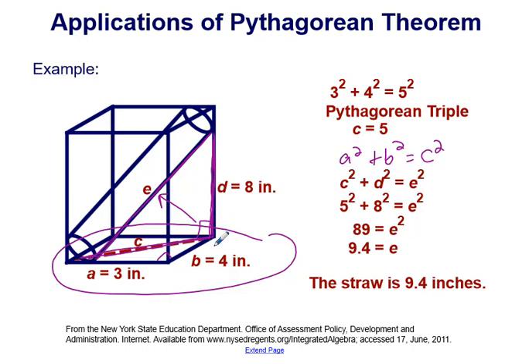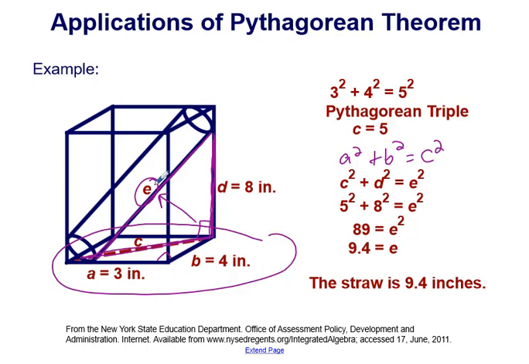So now we know that 5 squared plus 8 squared is equal to E squared. 5 squared is 25, plus 8 squared is 64. 25 plus 64 is 89. And taking the square root of 89 gives us approximately 9.4. So if that value of E is 9.4, that's the length of the straw, and that's how we can now answer the question that the straw is 9.4 inches long.